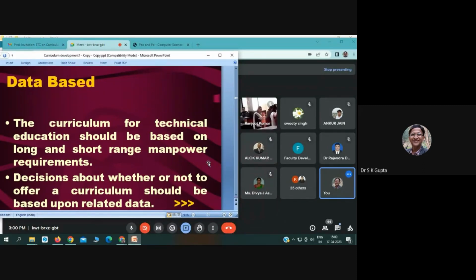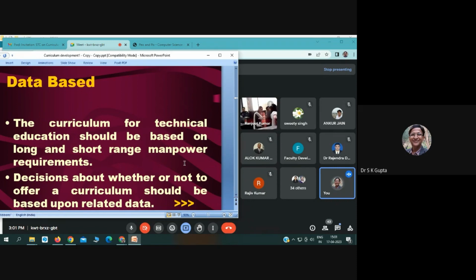Means when our students will be passing out from any program, what will be their job employment, what will be the employment scenario of the students. That is the most important for any institute, for any student, for any teacher, whether our students will be getting employment or not after passing out from our institute.